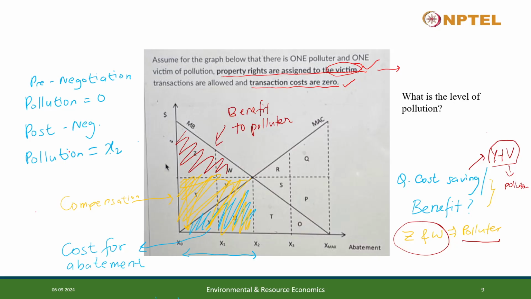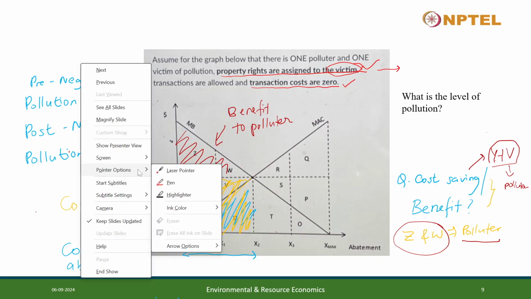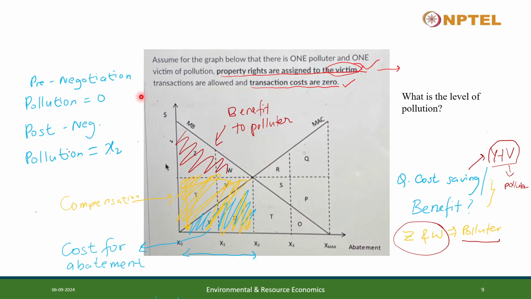So in the pre-negotiation case, the pollution level will be zero, and in the post-negotiation case, the pollution level will be till x2. That is what we came to as the conclusion for the first case when the property right is with the victim. So this is a typical question of the Coase theorem.